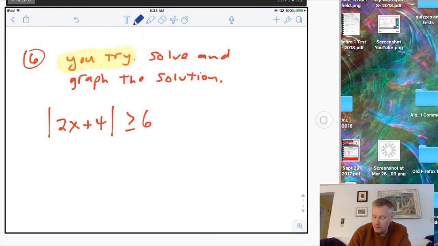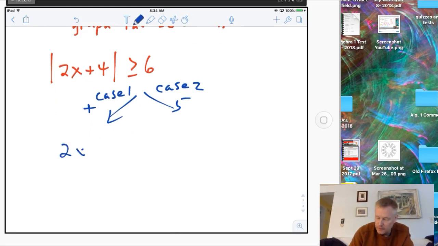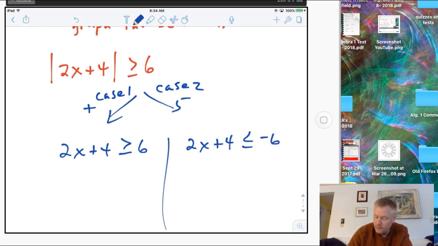Okay, welcome back. So, quickly buzzing through this. Case 1, case 2. I get 2x plus 4 is greater than or equal to 6. Case 2 is 2x plus 4, flip the sign, negative 6.